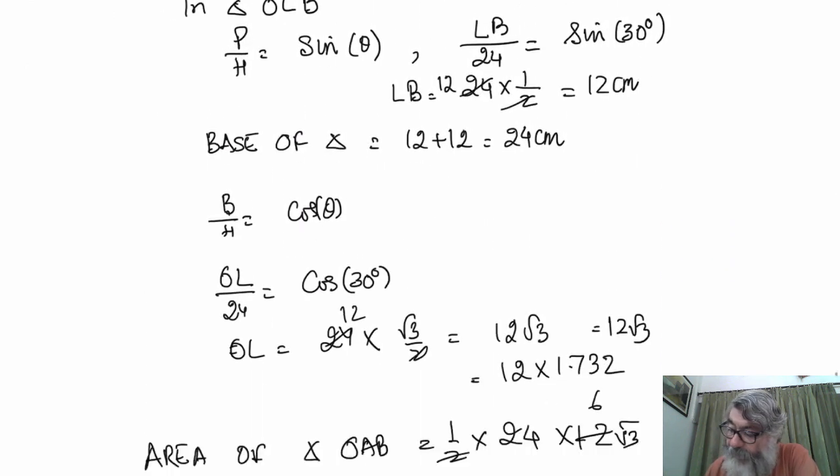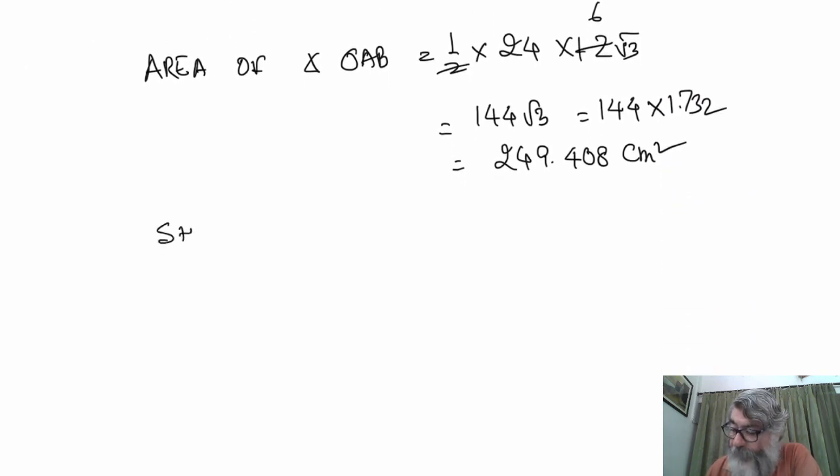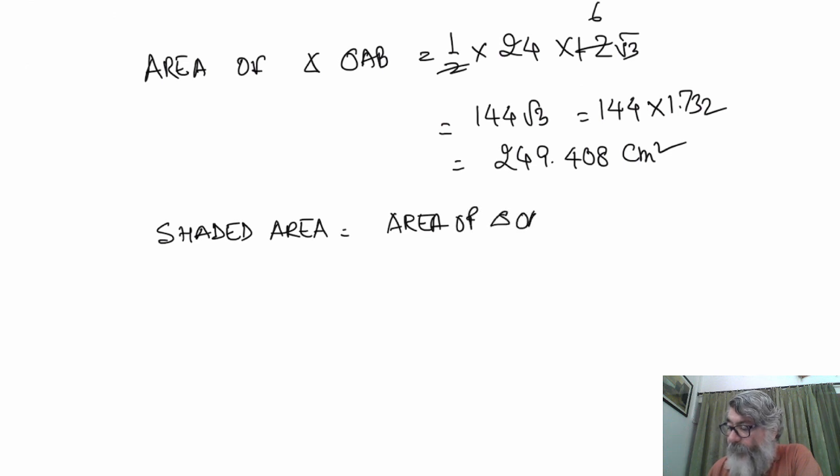So what will become the shaded area? In your figure, shaded area will be the area of sector OAB minus area of triangle OAB. Sector is bigger.